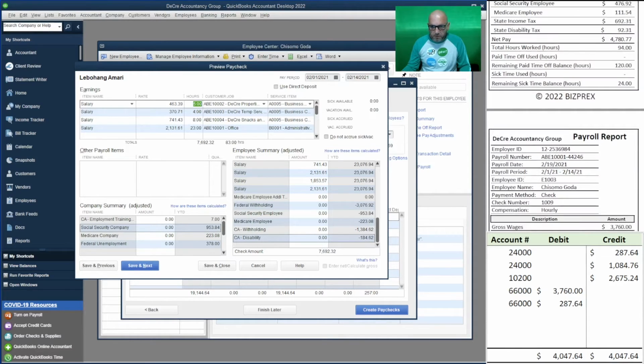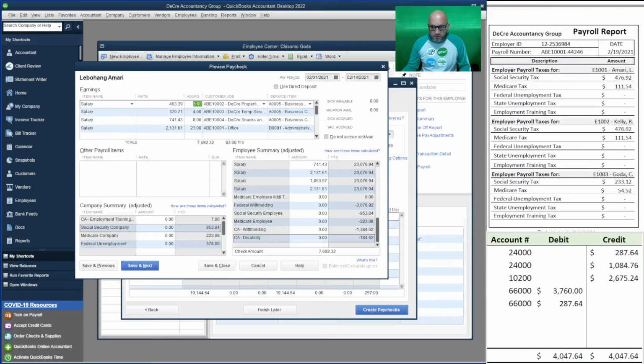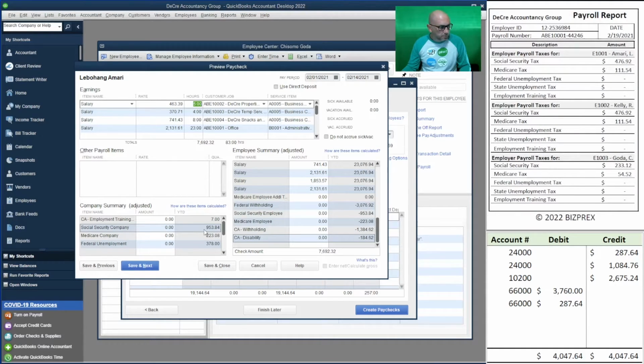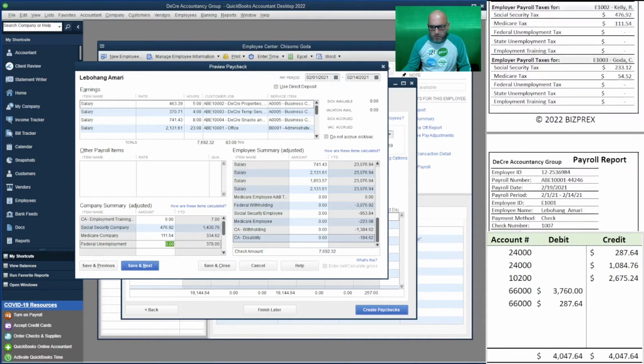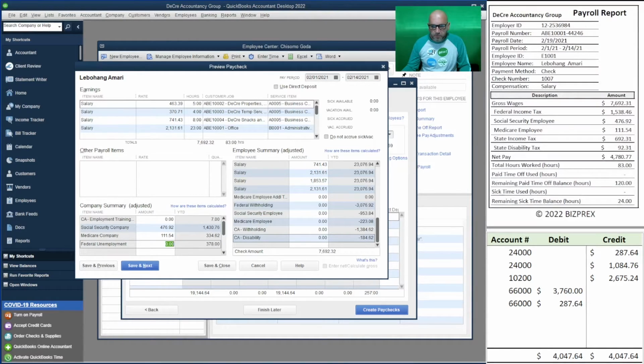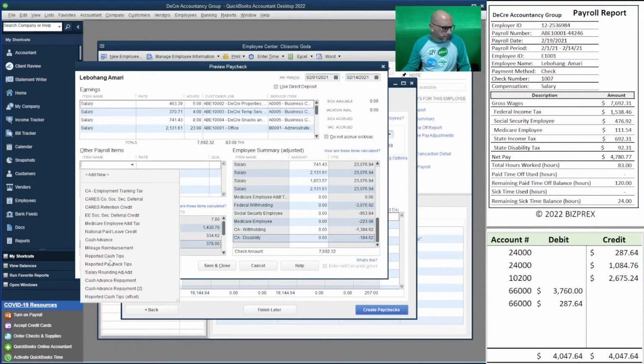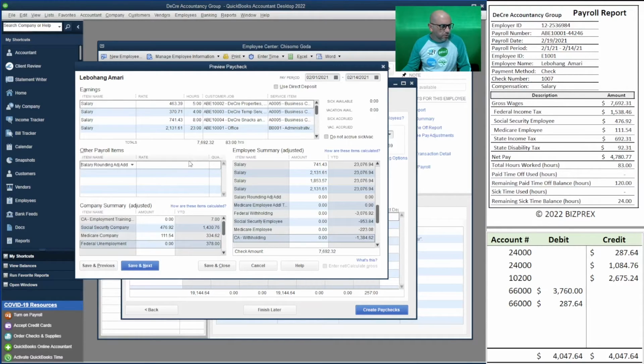Next we have Level Hang. Okay, Level Hang, Social Security right here, and then the employee portion right here. So see again, right here we're off from our gross wages. You've seen that before, so we have to make that adjustment. Why do we have that?